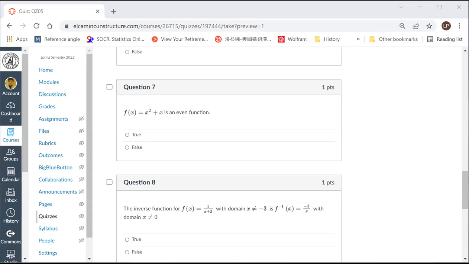It's not even, maybe it's odd. So by definition, we put a negative sign in front of the entire f of x, and what we get is negative x squared minus x.